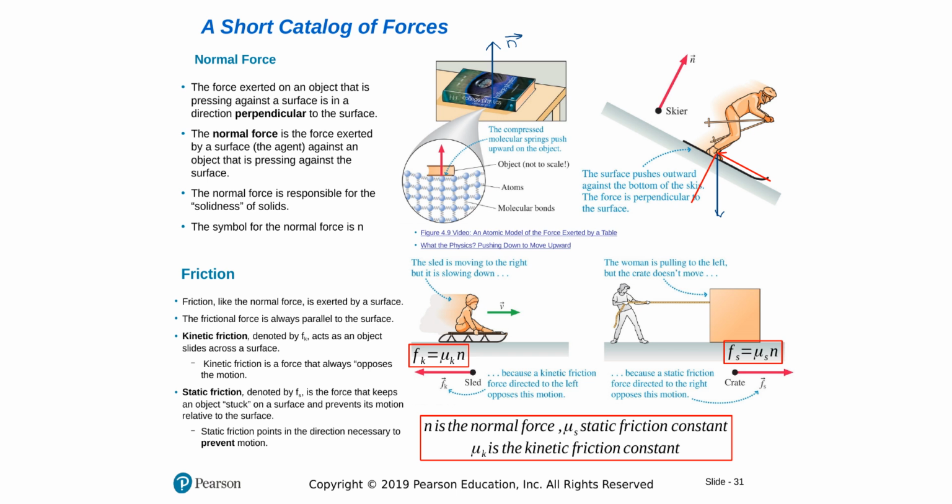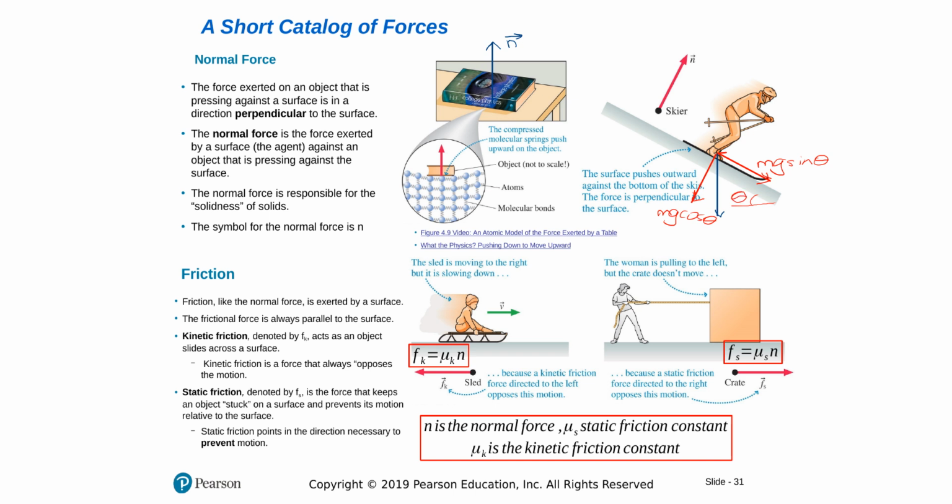We talked about this before, what happens if we have a vector in this fashion and how to find the components. This component will be mg sine theta. This component will be mg cosine theta, theta being the angle that the incline makes with the horizontal.